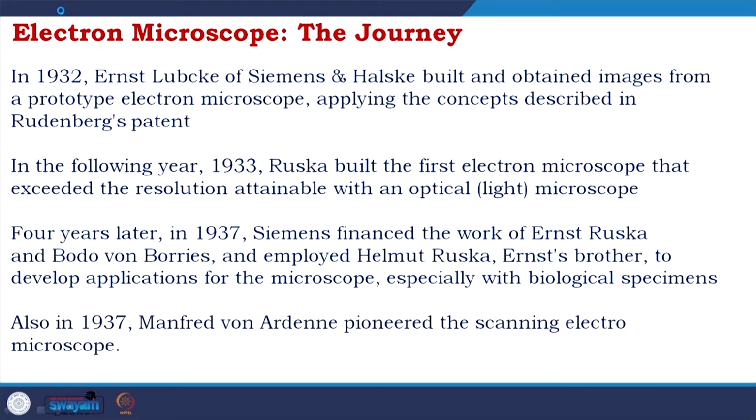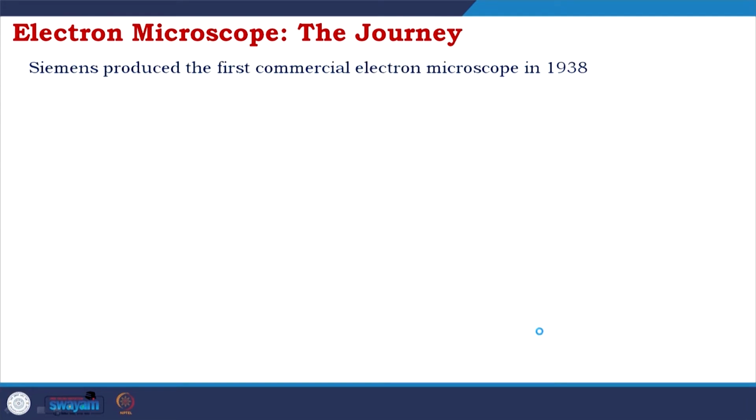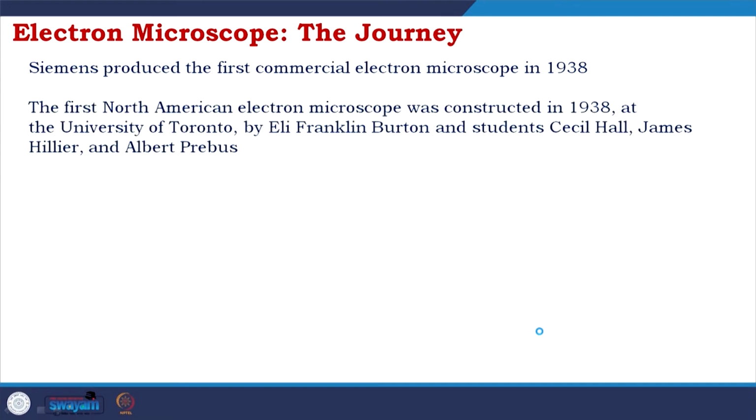Also in 1937, Manfred von Ardenne pioneered the scanning electron microscope. So, as I talked about, a scanning electron microscope is nothing but having a probe to scan so that we could get the width. Siemens produced the first commercial electron microscope in 1938.